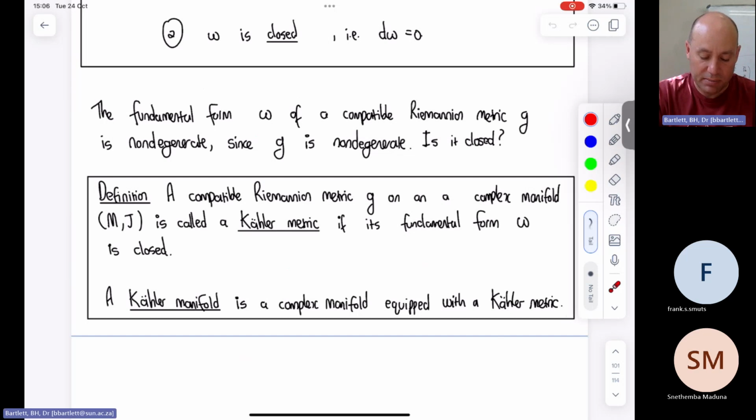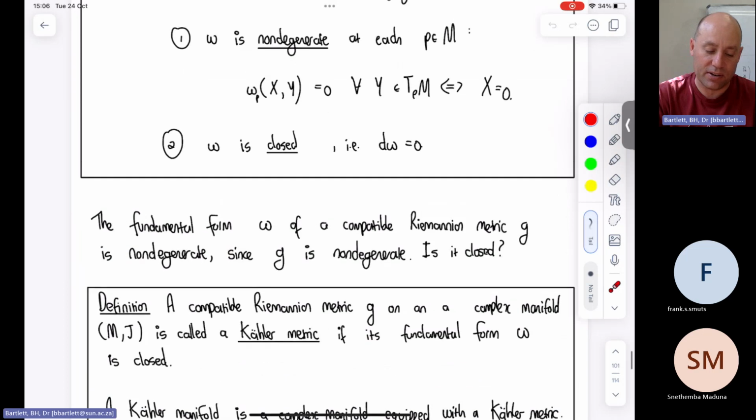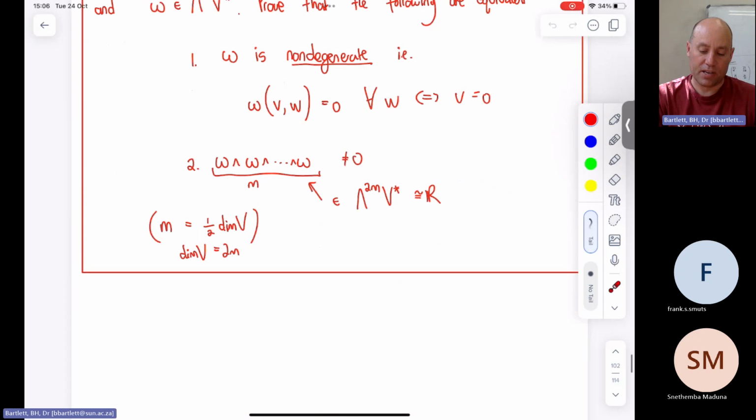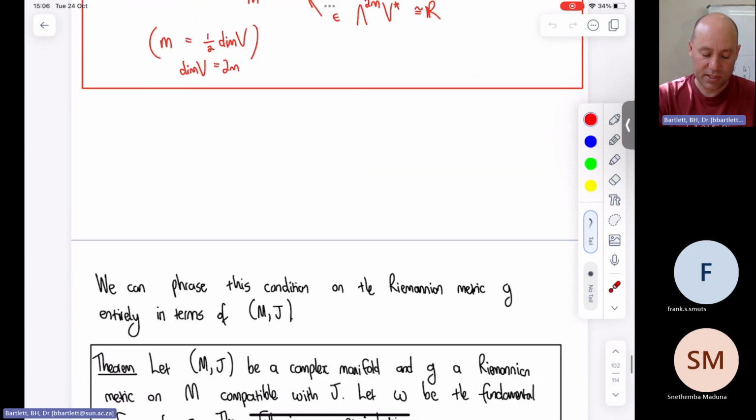There are two ways to say it. You can either say you calculate the associated fundamental form of the metric, and that's got to be closed, so that its derivative has to be 0. Or you can say that you calculate the Levi-Civita connection of the Riemannian metric, or equivalently, you calculate its parallel transport along curves.